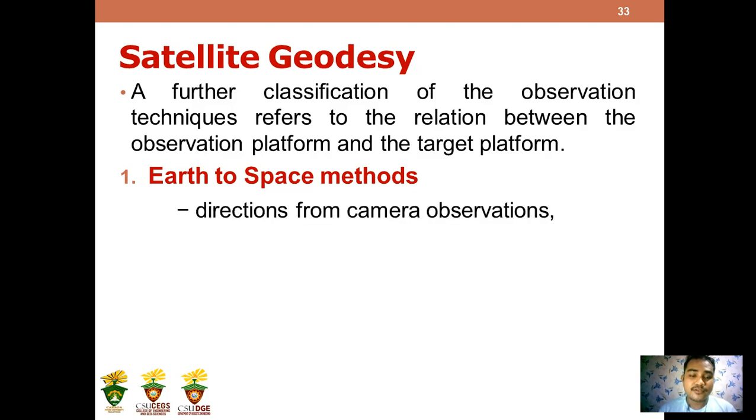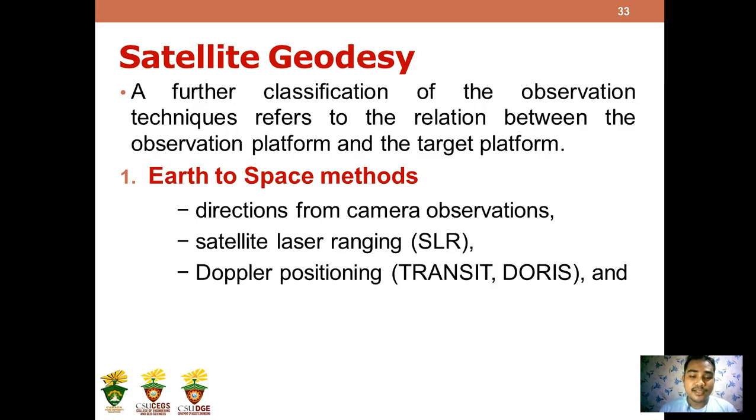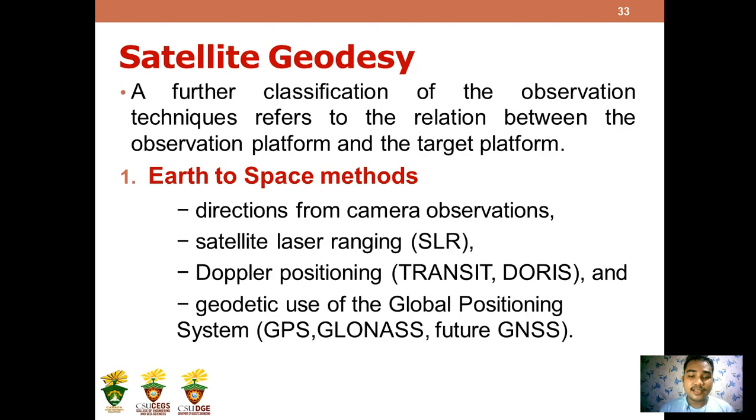In the earth to space method, there are, for example, direction from camera observation, satellite laser ranging or SLR, Doppler positioning such as transit or DORIS, and geodetic use of global positioning systems. Earth to space, for example, GNSS receivers.